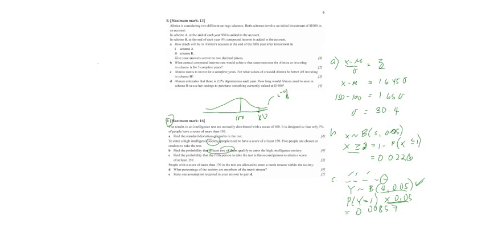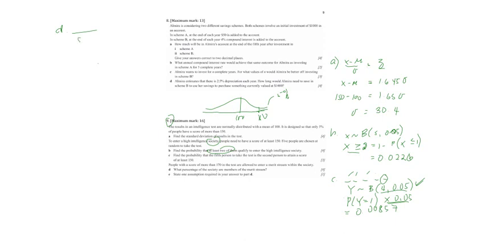For D, people with a score of more than 170 in the test are allowed to enter a merit system within the society. And we're looking for the percentage of the society who are members of the merit system. So for letter D, to be in the merit system, you must be part of the society.